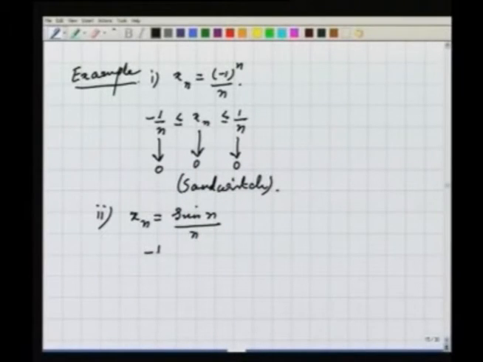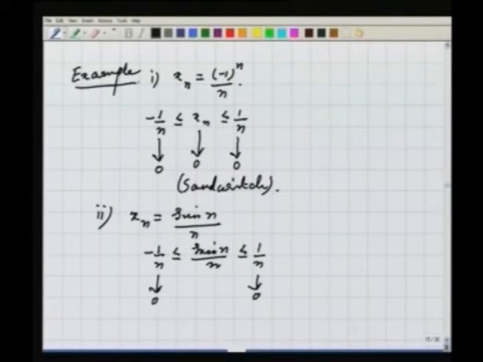You can again prove that minus 1 by n is less than or equal to sine n by n, which is less than or equal to 1 by n, because sine is a bounded function and it lies between minus 1 and 1. Again the previous logic tells you that this converges to 0 and this converges to 0, which together give you the fact that sine n by n converges to 0.